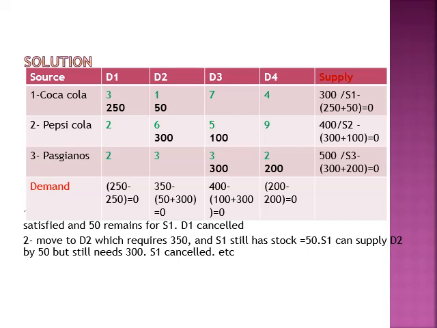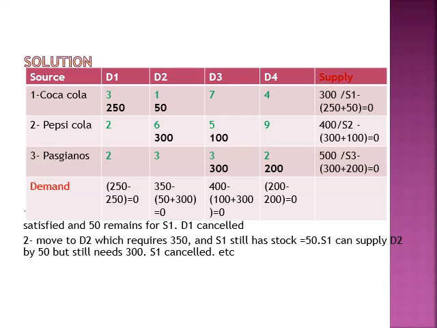The market center D3 still wants 300, because 100 was satisfied before by Pepsi Cola. Bizianos can satisfy market center 3 with 300 because it has 500 units. The remainder for Bizianos is 500 minus 300, which is 200.